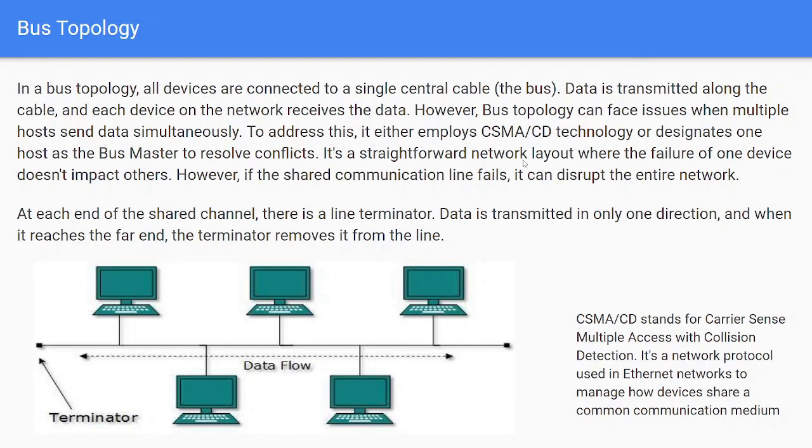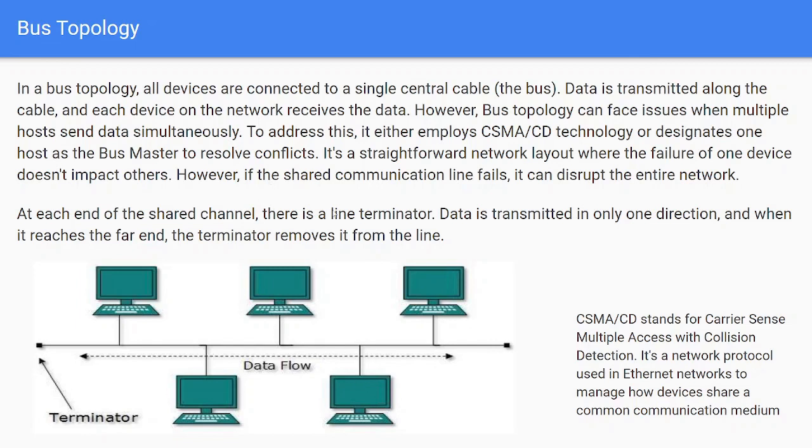It is a straightforward network layout where the failure of one device does not impact the others. So for example, with these 5 devices that are connected to this bus, if device A fails, nothing is going to happen. Everybody's going to keep on communicating with one another. You just need to take out device A, repair device A, and bring back device A. You get?